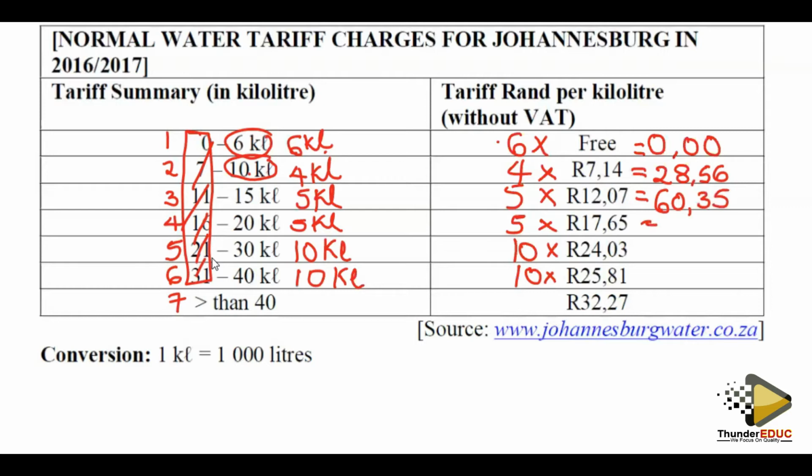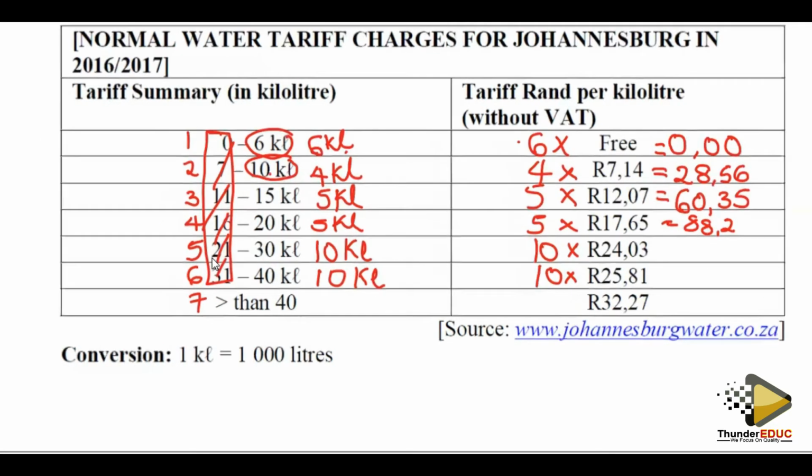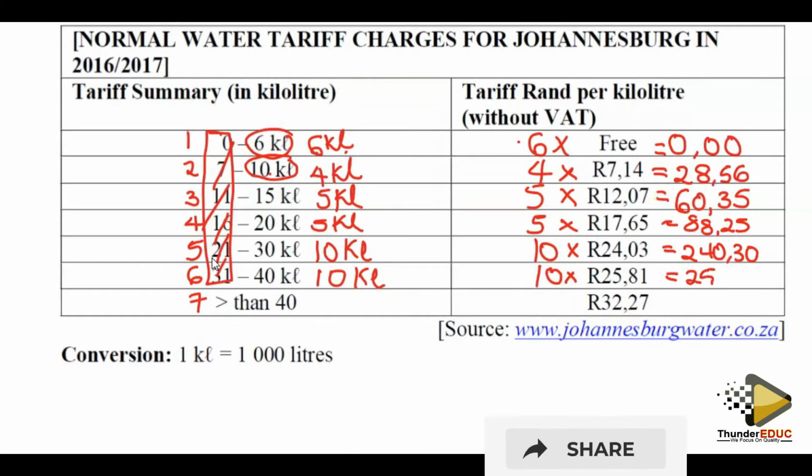Here we have 88 rands 25 cents. We come to 10, which will give us 240 rands 30 cents. This is 258 rands 10 cents. Now these values that I've got are the maximum amount that you pay for each bracket, should you use all the kiloliters in the bracket that we are given.